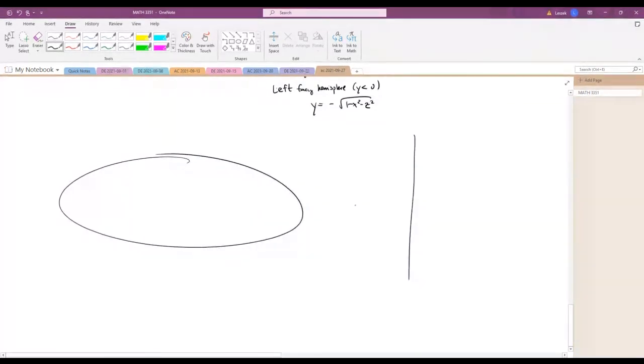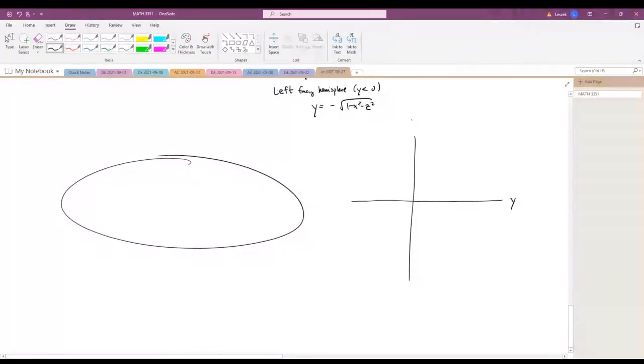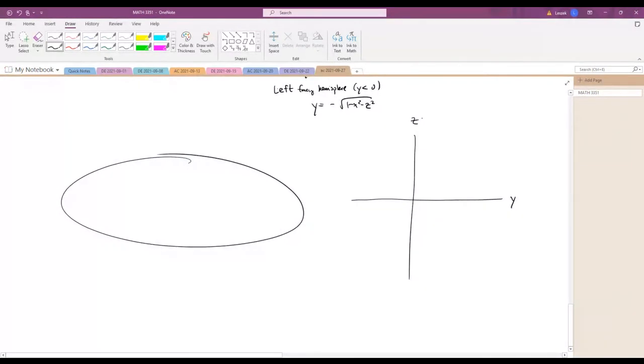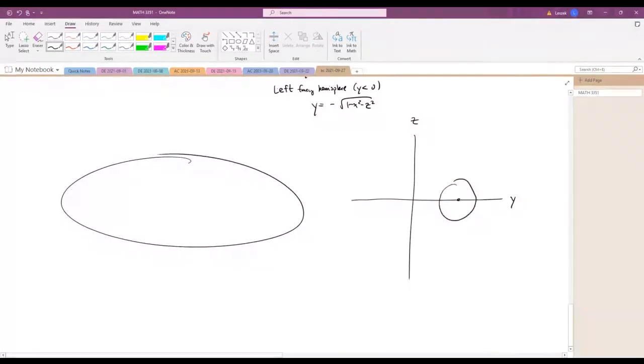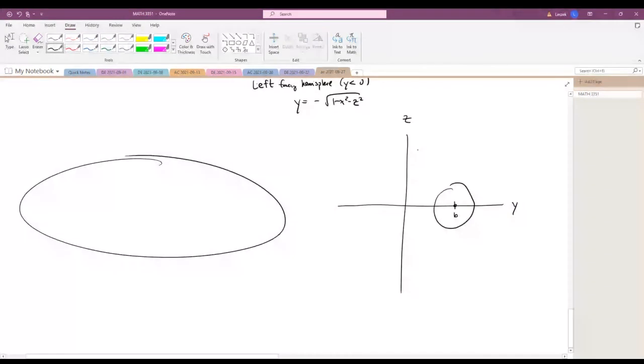But let me draw it this way. So what they do, at least in the book, is they have the YZ plane. They draw a circle at some center, call that B. And they imagine that you rotate the circle about the z-axis, right?